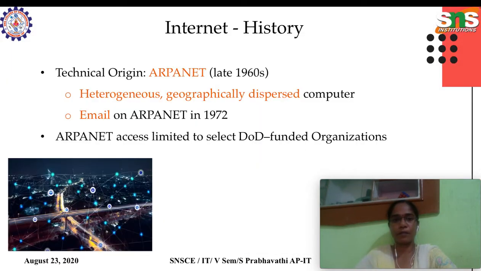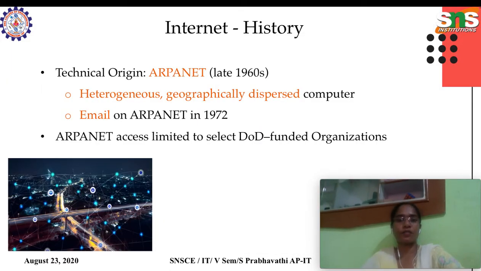Let's talk a little about internet history. As I said earlier, the internet is a connection of computer networks, connecting one computer to another in a broad manner. In the 1960s the internet came into appearance.